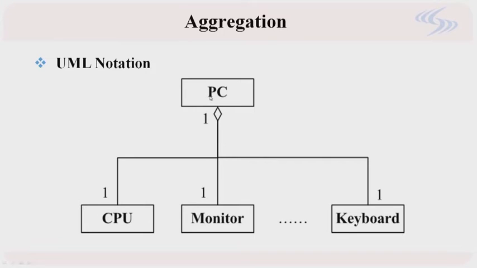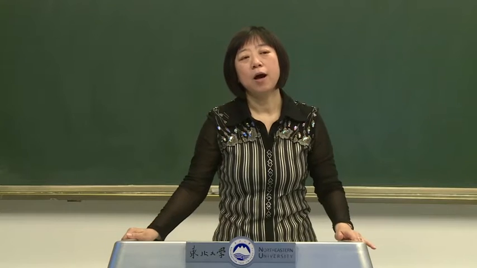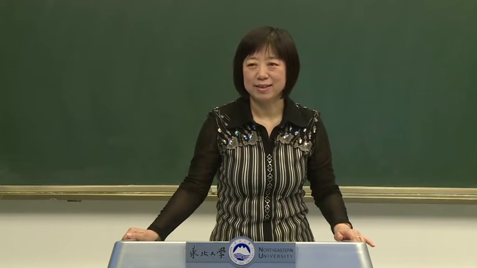A PC is composed of CPU and what's more, monitor, and a keyboard or a mouse, and so on. Okay, so personal computer should be called the whole class, and the CPU, monitor, or keyboard, and so on should be called part class. So that means the whole class is composed of the part classes.